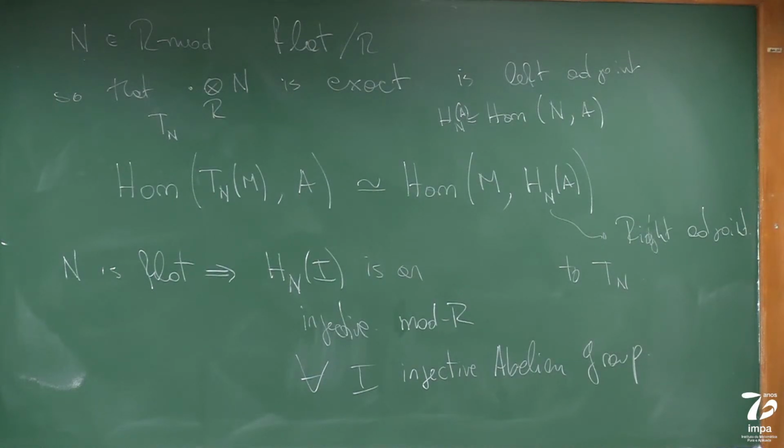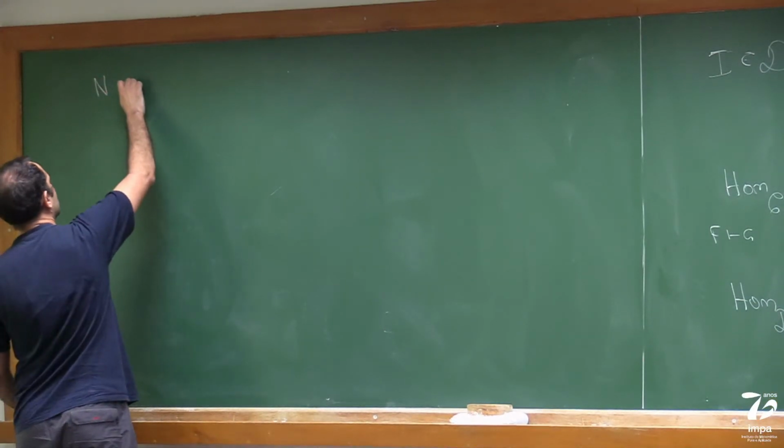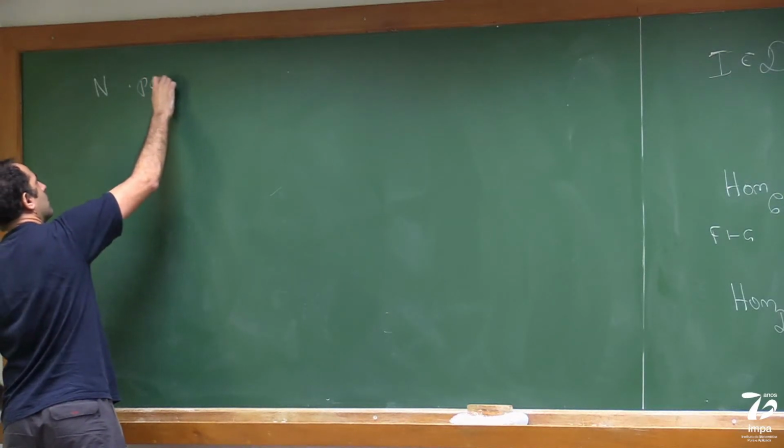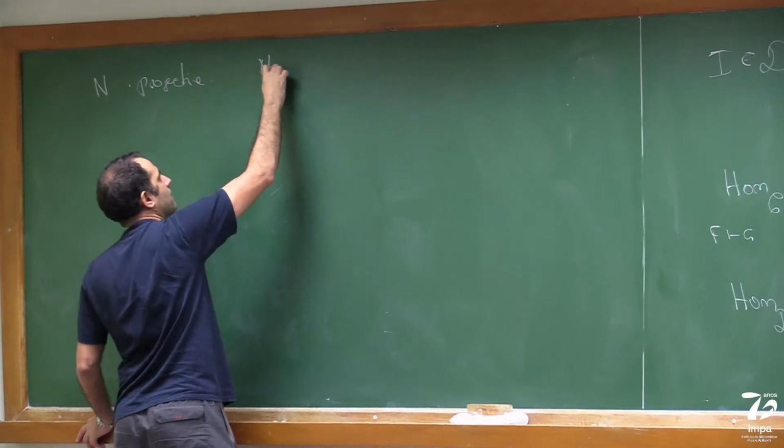That's just because that hom is right adjoint to tensor. In particular, I can take N to be projective. And in particular, I can take N to be just the ring. So projective modules are flat, and I can just take N to be the ring.